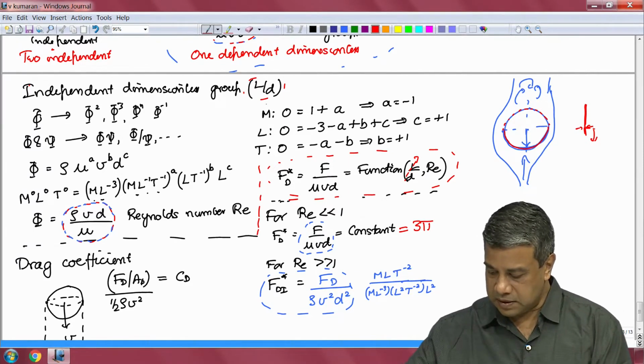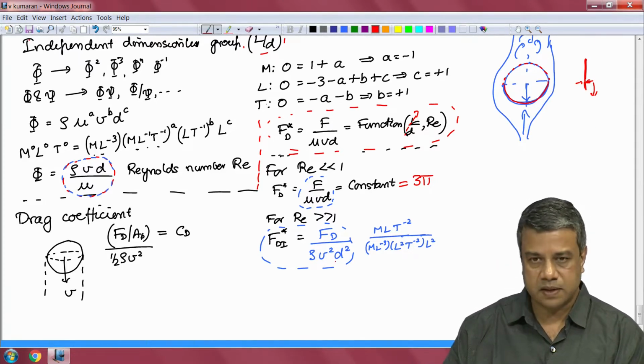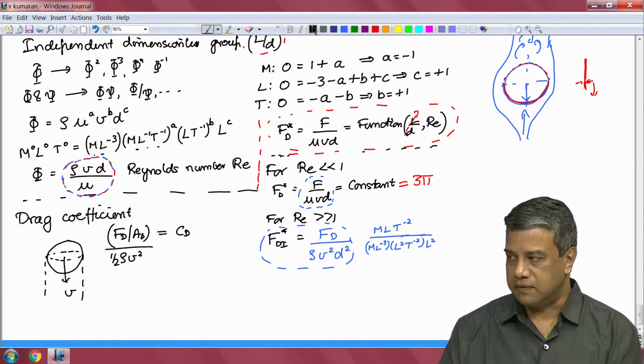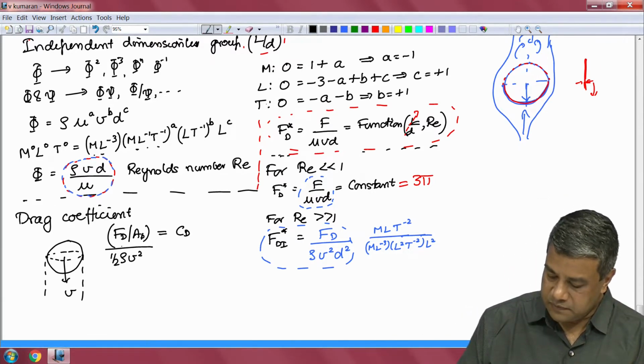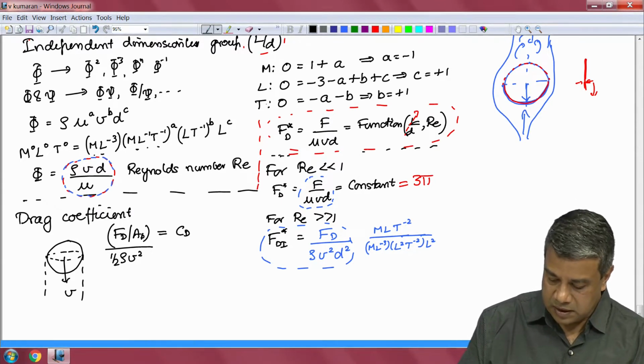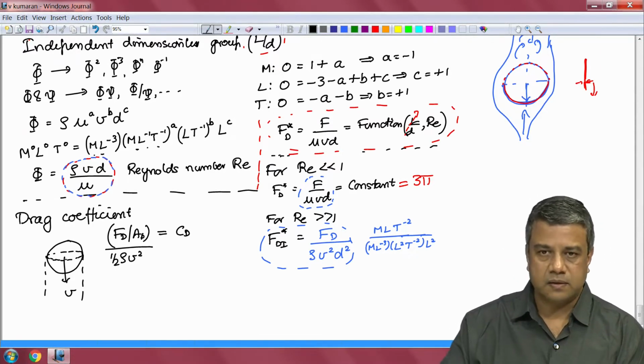For the present discussion, in high Reynolds number, you would expect that Fd by rho v square d square has to be a constant. The way the correlation is actually written for historical reasons is for the average pressure, that is the ratio of the force and the projected area. The area projected by the object in the direction perpendicular to the velocity field.